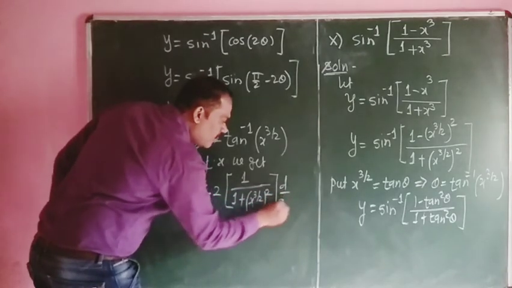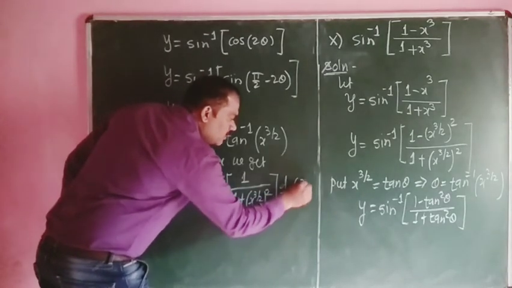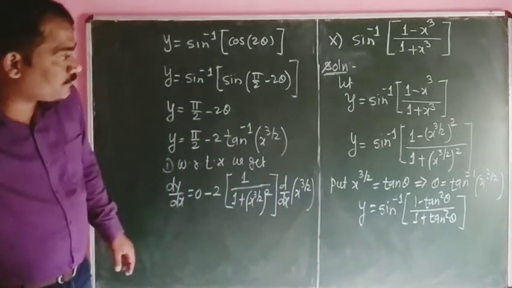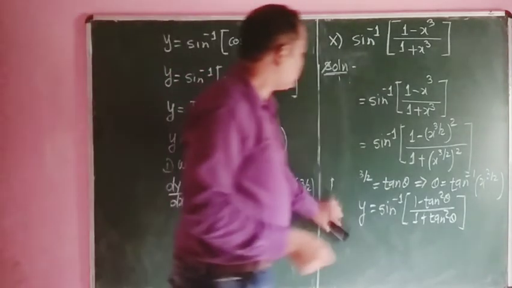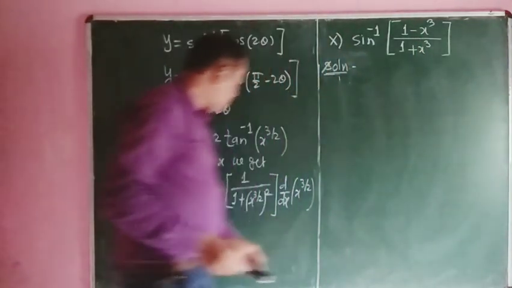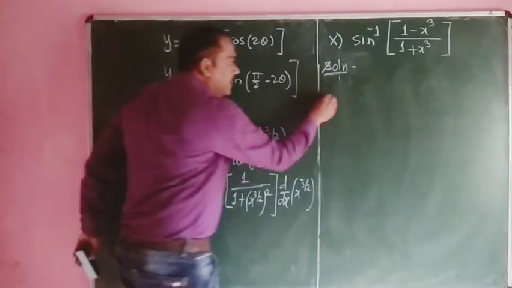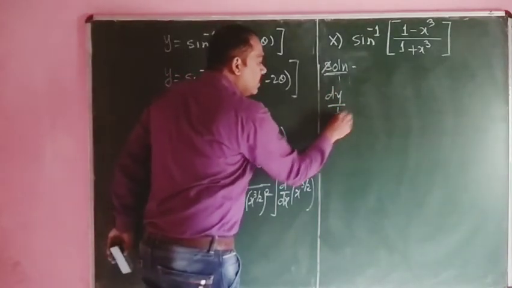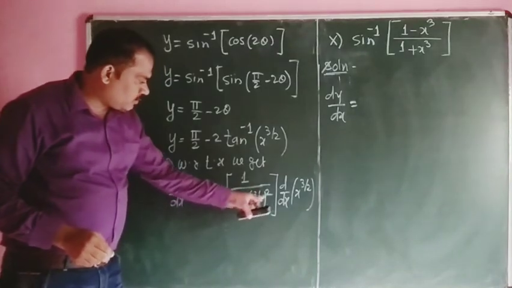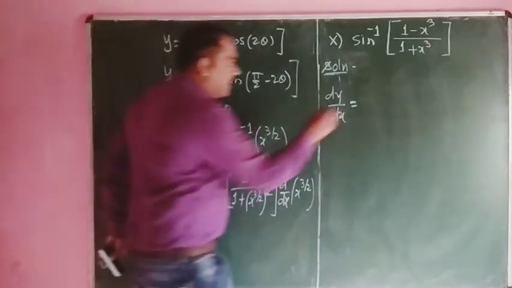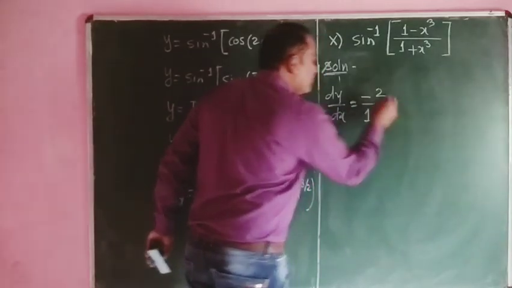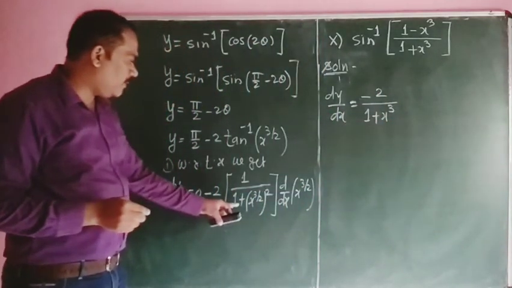So dy by dx is equal to, the 3 by 2 into 2 gets cancelled, so we get minus 2 divided by 1 plus x cube.